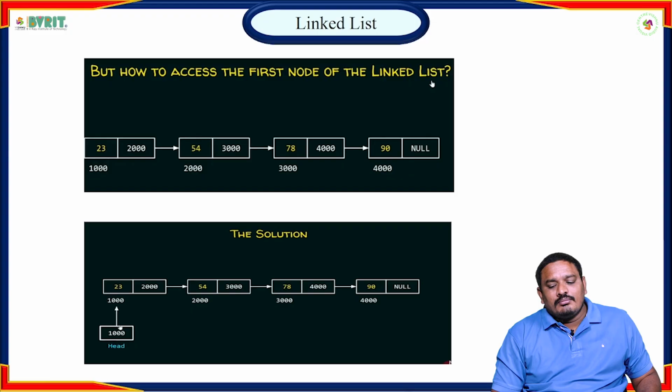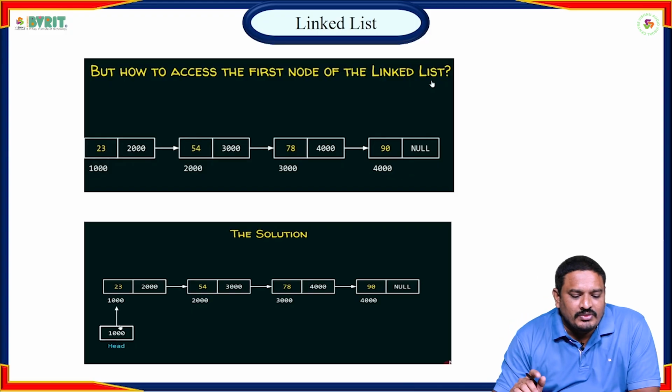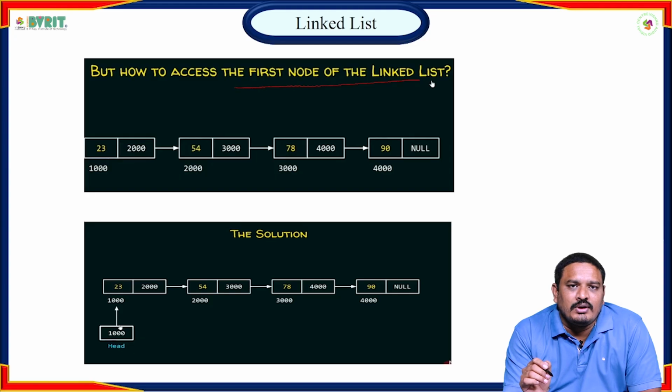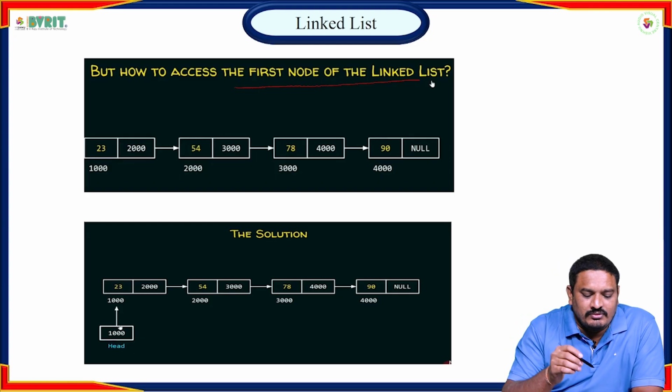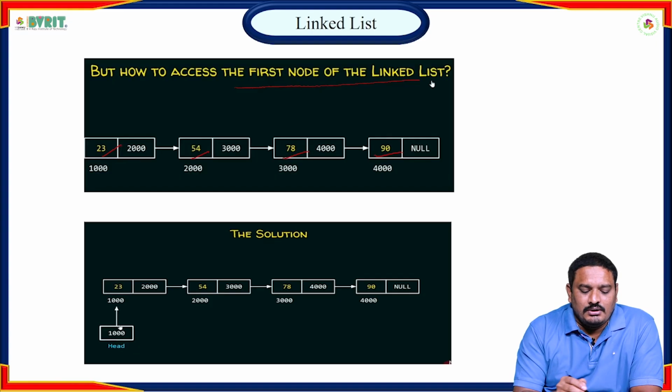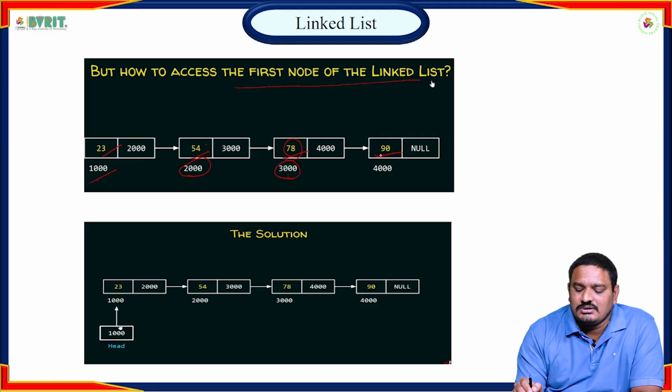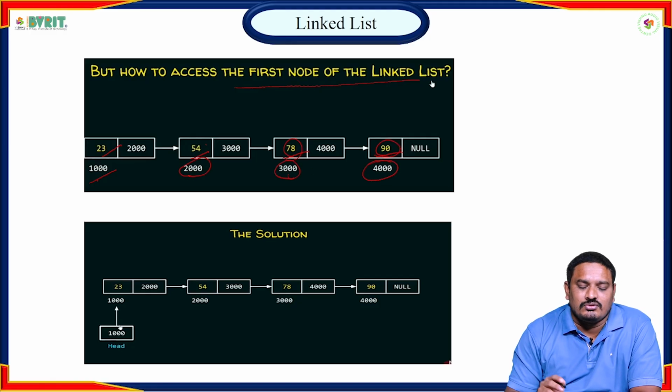One of the questions is how to access the first node in the linked list. Taking the same previous example, 23, 54, 78, 90: the address of 23 is 1000, the address of 54 is 2000, the address of 78 is 3000, and the address of 90 is 4000.